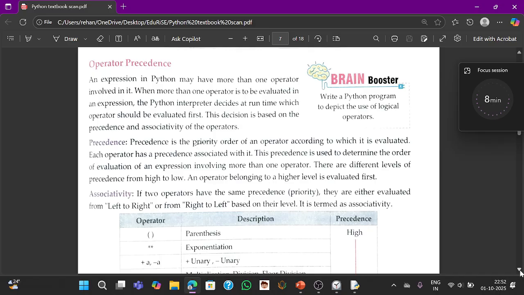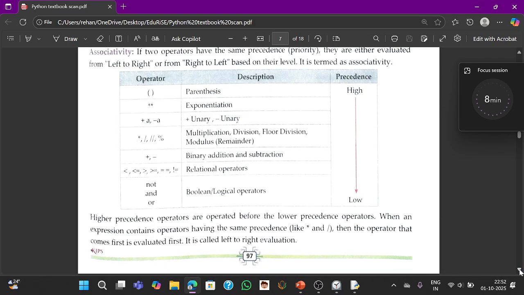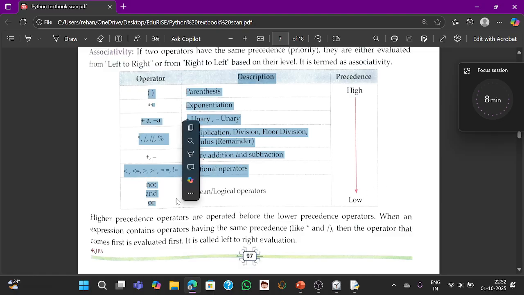Now, the same thing, when you have an expression in a Python program, executing that statement will be done according to priority, like in BODMAS, where the equation is solved.